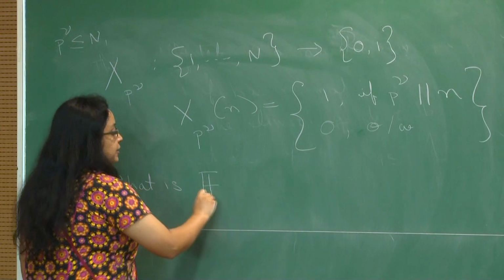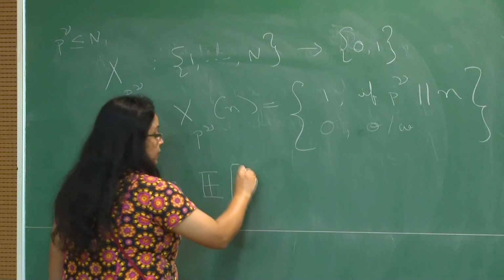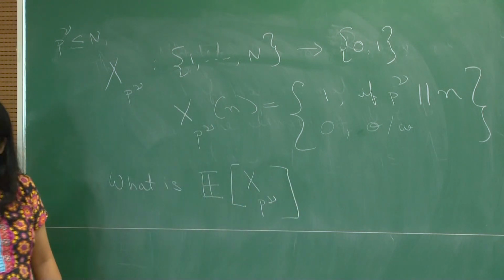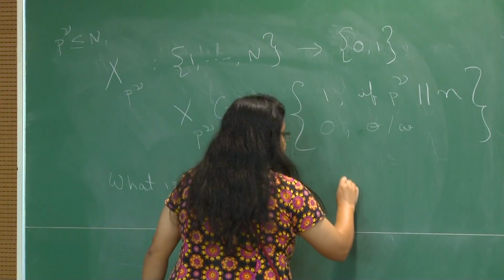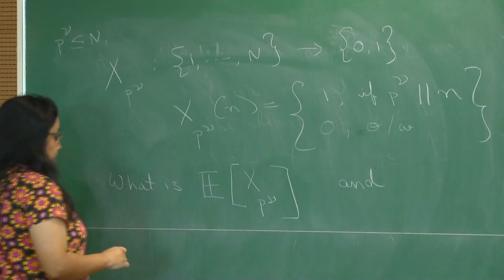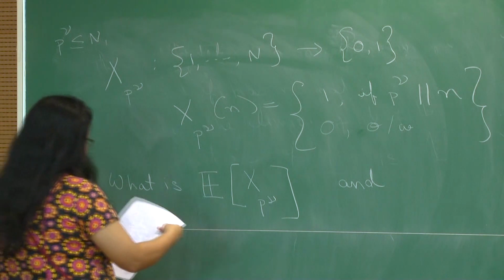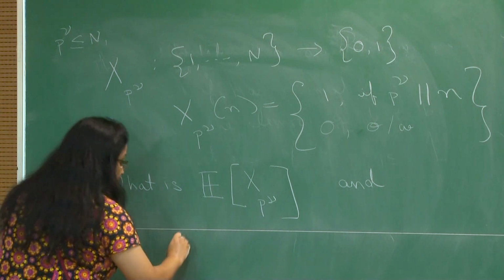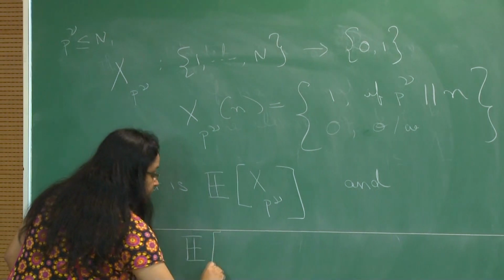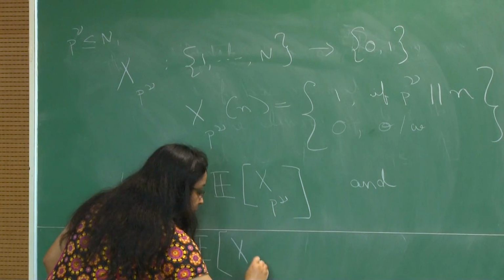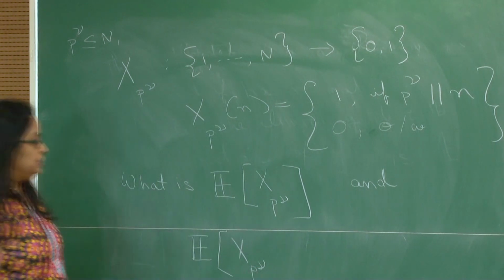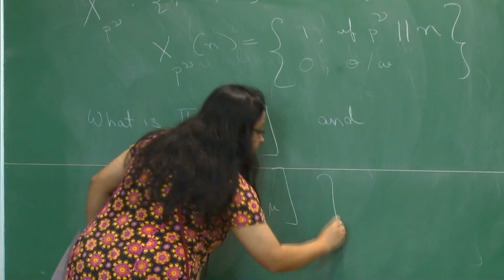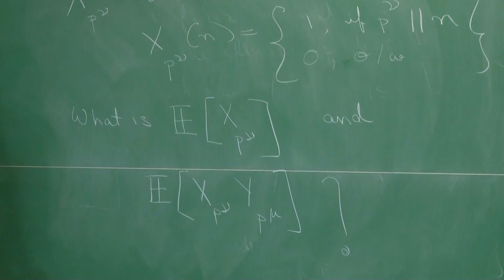What I would like you to think about before we start the next class is, what is the expected value of your random variable? And what is another thing: suppose you have two distinct primes p and q which are not equal to each other, what is the expected value of the product of X sub p to the nu times X sub q raised to the nu?